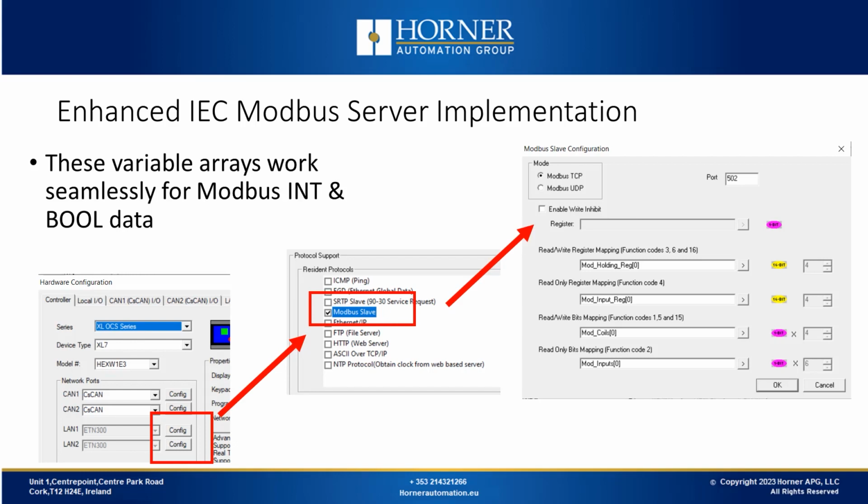In our configuration for Modbus TCP, we select whether to configure Modbus server or Modbus client. Then we allocate 4 arrays: holding registers, input registers, input bits, and coils. These arrays allow seamless exchange of Modbus data for integer and Boolean types.